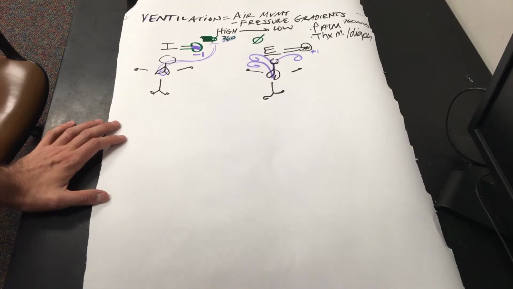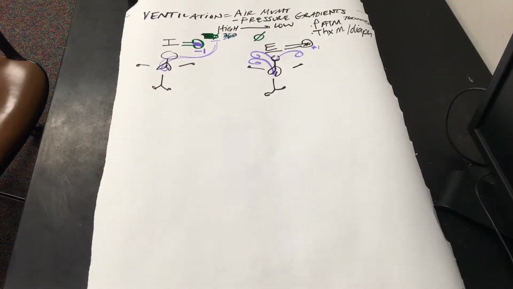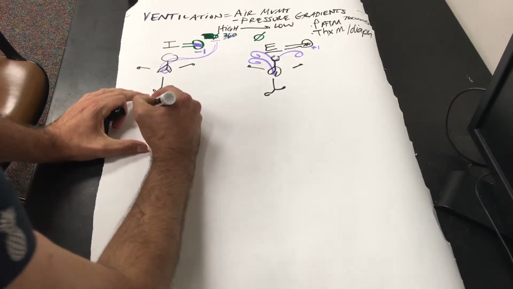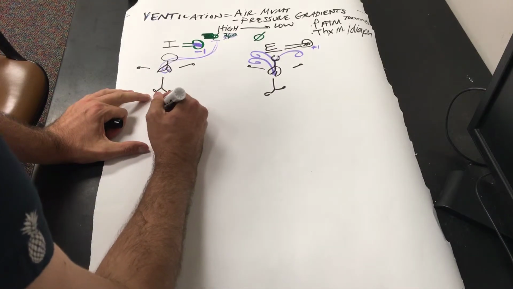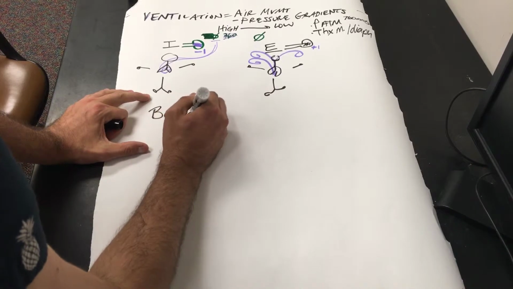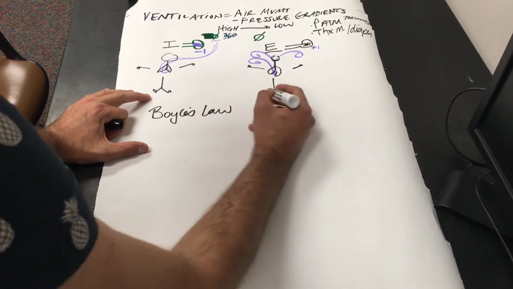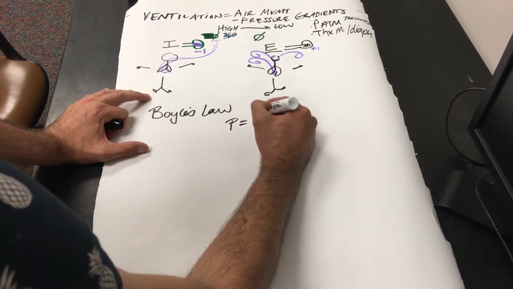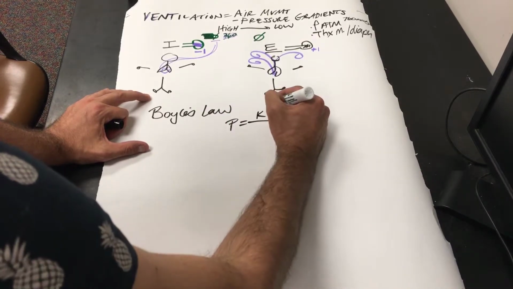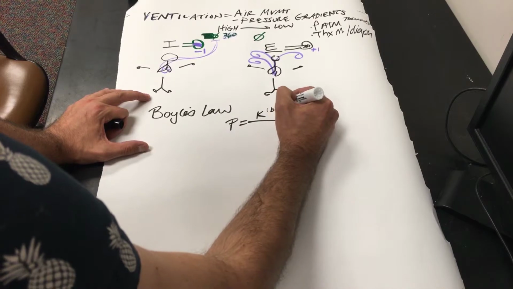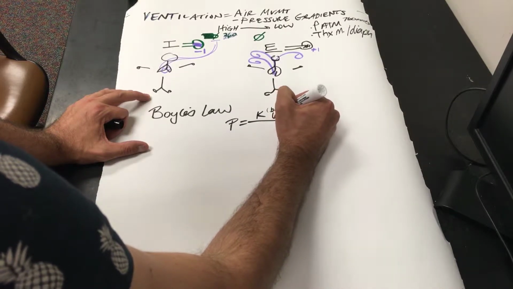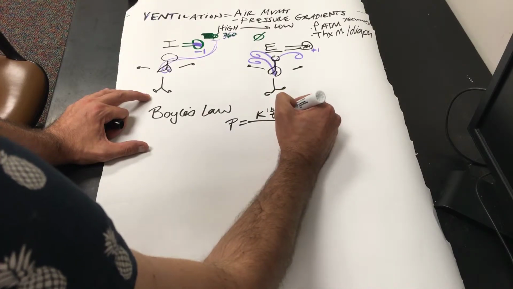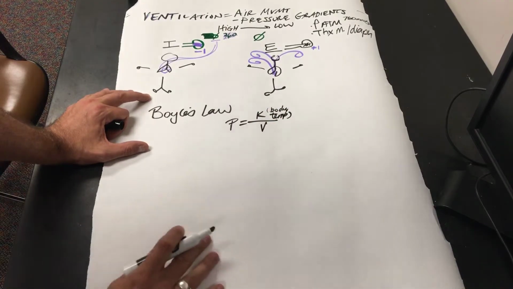Next thing I want to mention is Boyle's law. You'll recall that Boyle's law states that pressure equals a constant, which in our case is a temperature constant, body temperature, over volume.